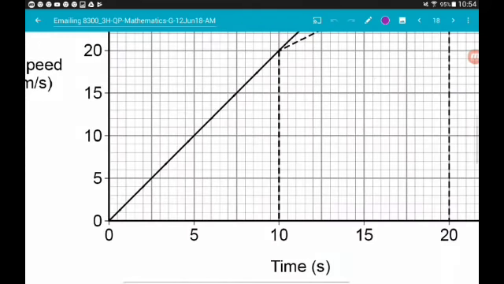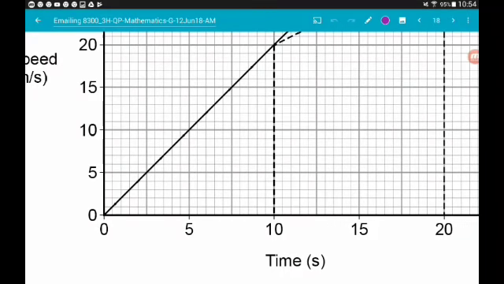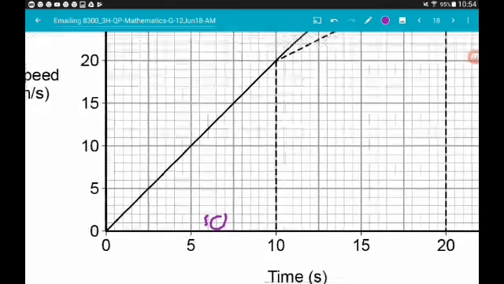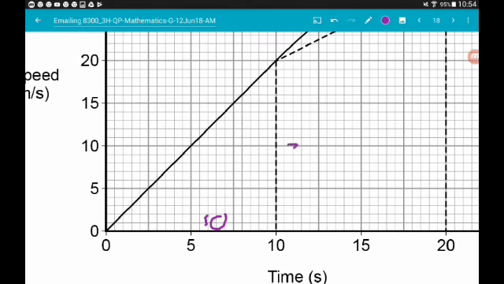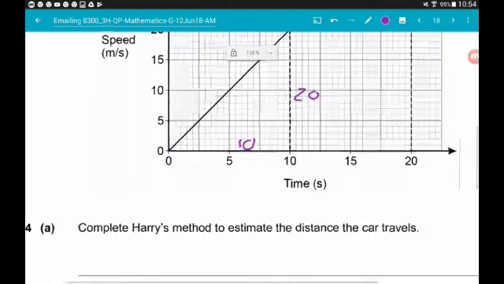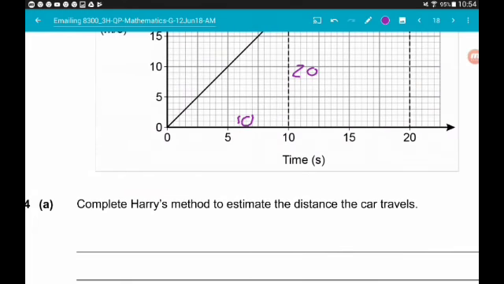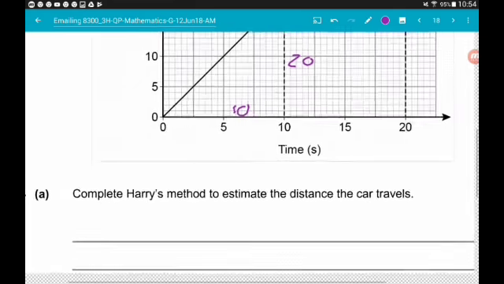So let's do that first. Now the base length is 10. The height is 20. So the area of a triangle is 1/2 base times height.